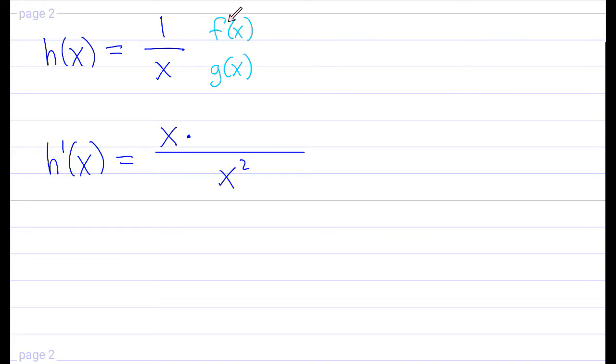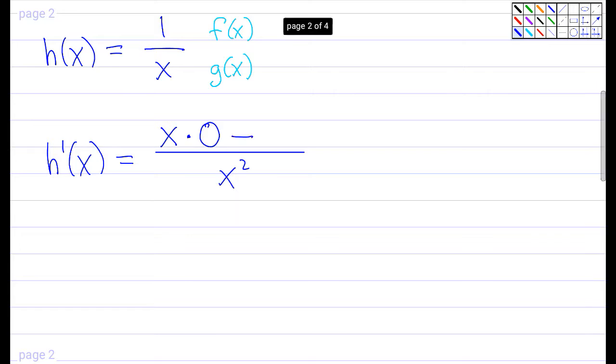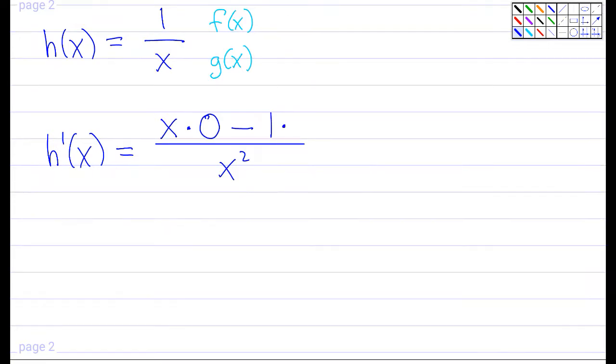Well, what's the derivative of 1? The derivative of any constant is 0. Now, don't forget the minus sign. Now I switch which I'm taking the derivative of. f times the derivative of g. What is the derivative of g? Derivative of x is 1. So I get 1 times 1. Okay, that wasn't so bad. What do I get? Minus 1 over x squared.